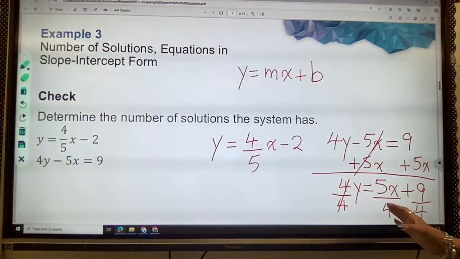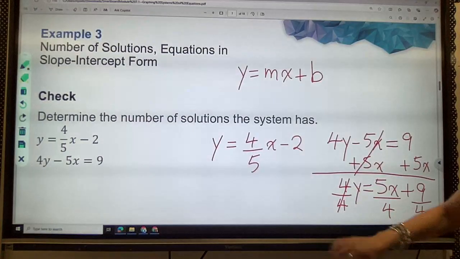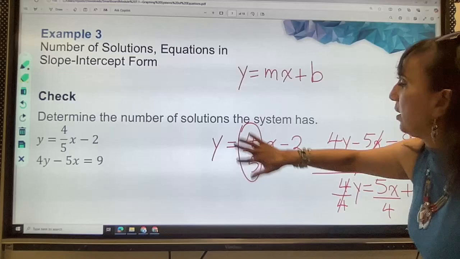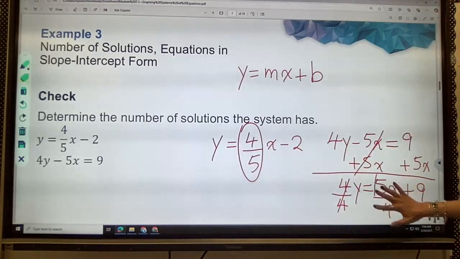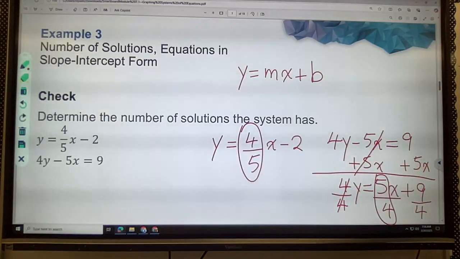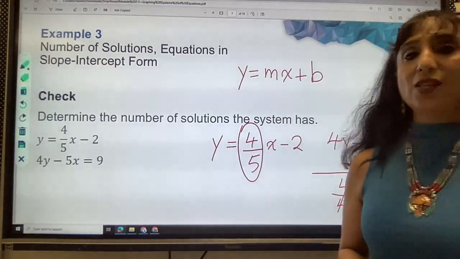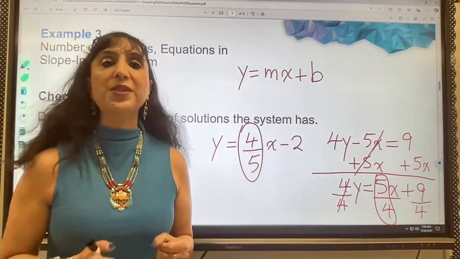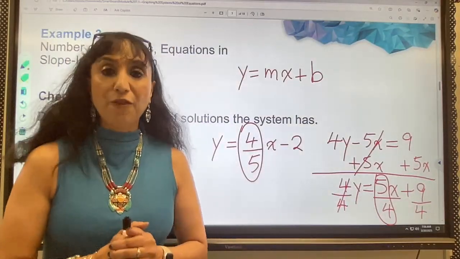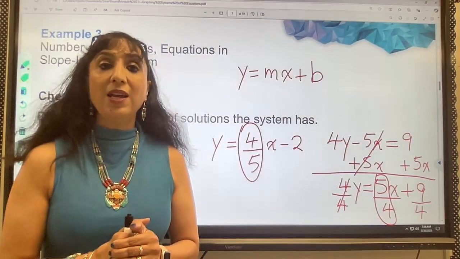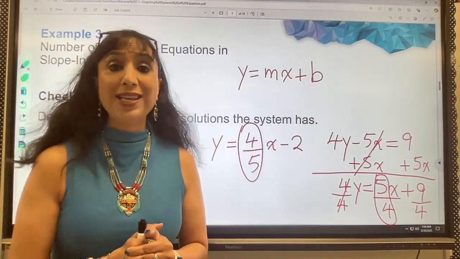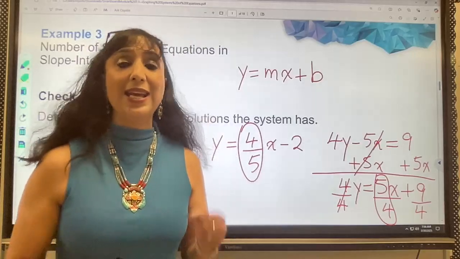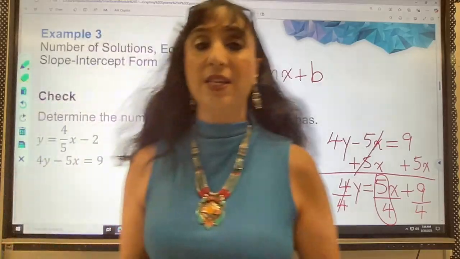So let's look at the slopes now. This slope is different from this slope. And we just mentioned that if the slopes are different, then those two lines are going to intersect at exactly 1 point.